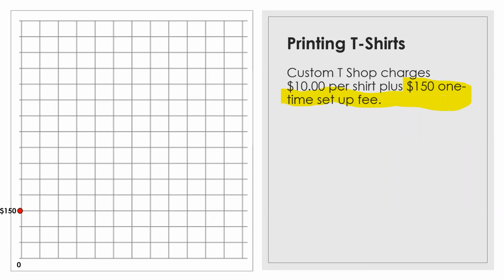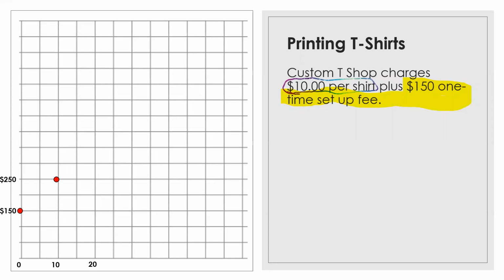Okay, and then they will charge $10 per shirt. So how am I gonna model that using this graph? Well, let's say we are going to print, say, 10 shirts. Okay, so 10 shirts, $10 a shirt, that's $100 plus the $150 I had to pay in the first place. So now we are at $250. So I have 10 shirts, $250, right?